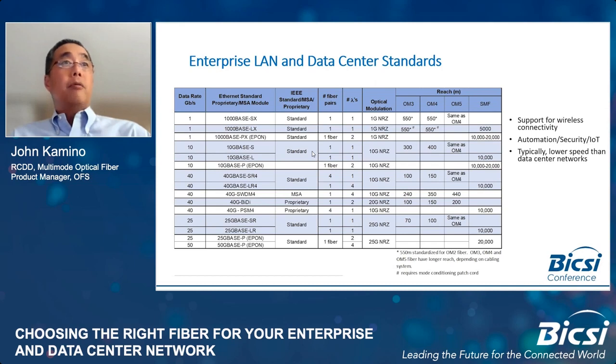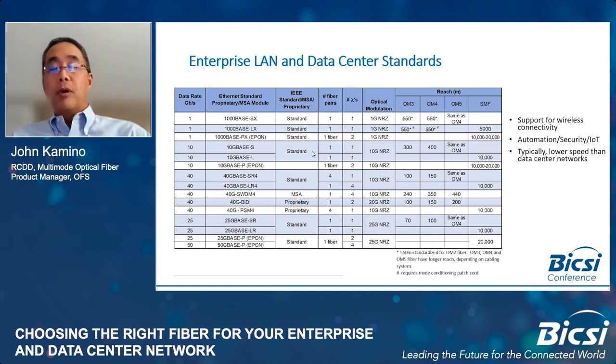I'll move up now to talk a little bit about standards and what speeds are being used in enterprise LAN and data center networks today. I start out with the gigabit Ethernet speeds at the top, the 1000BASE-SX and 1000BASE-LX.